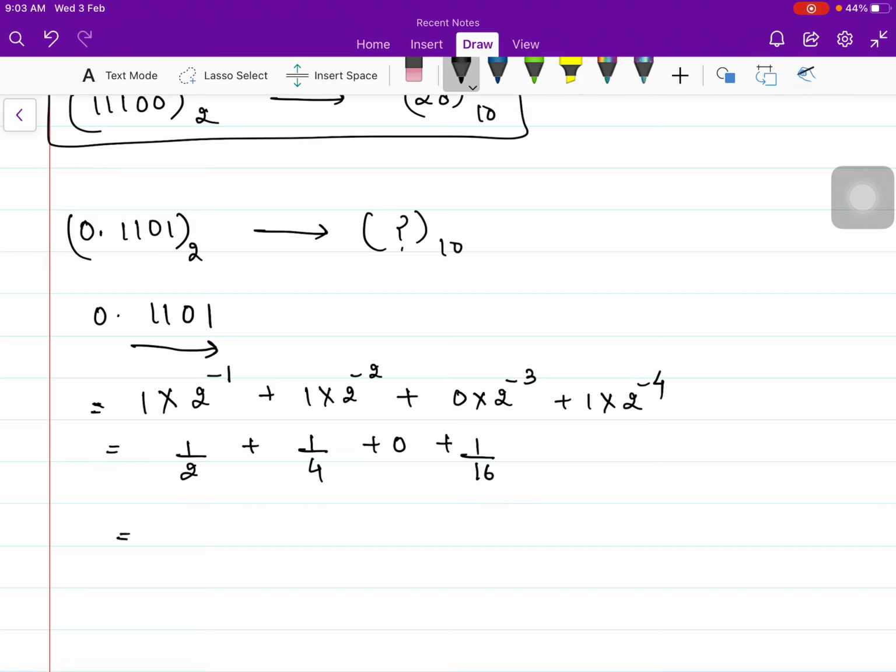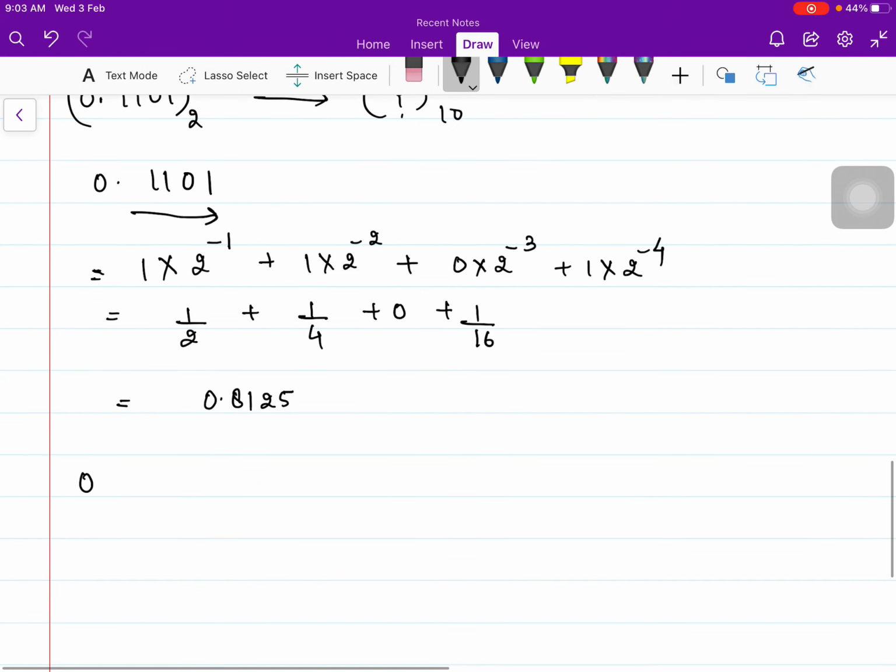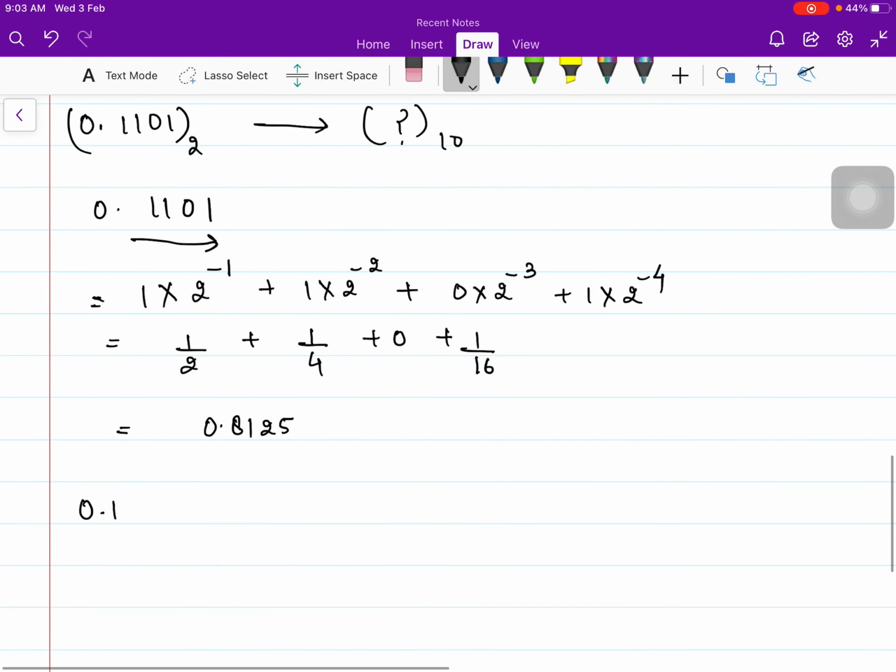When you solve it through your calculator, you will get the answer 0.8125. So the final answer is 0.1101 binary gives you 0.8125 equivalent in decimals.